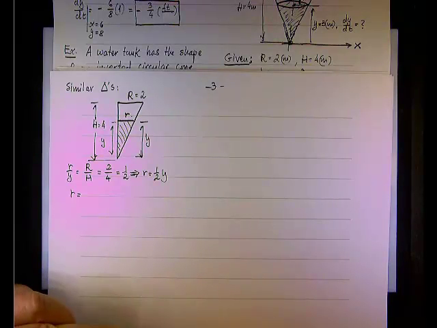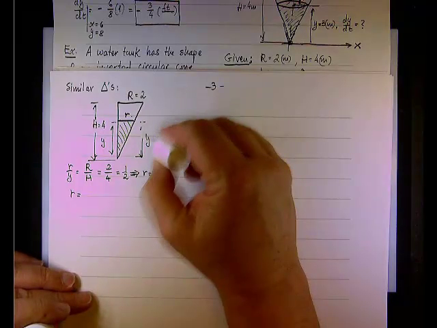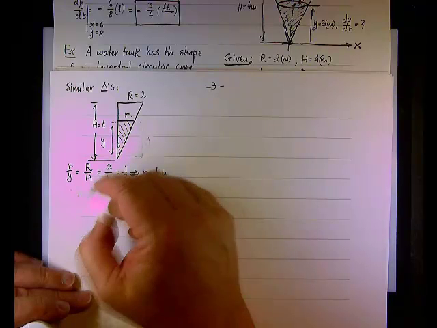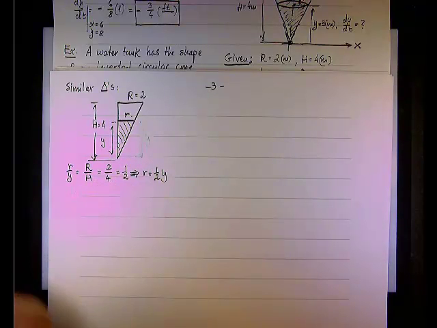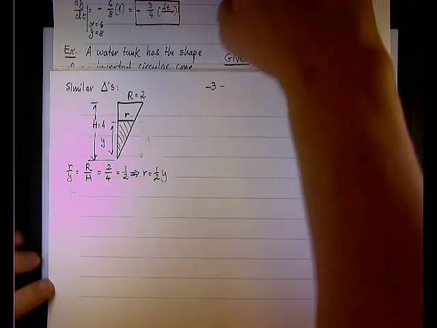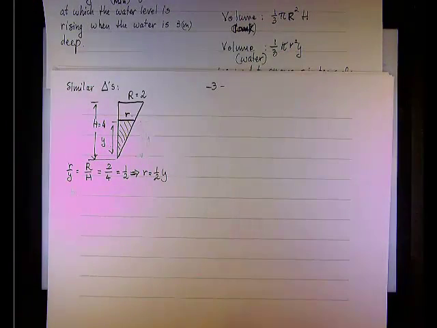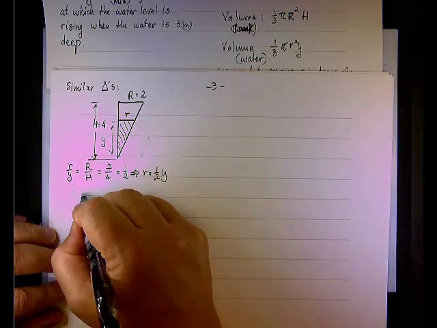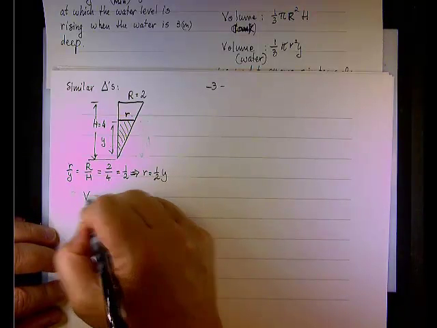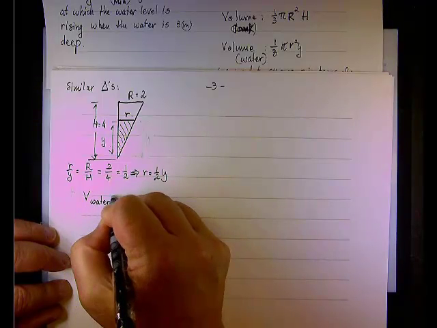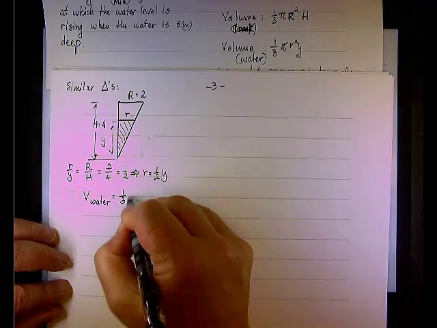Now I can express the volume of the water in terms of y only. Going back to the volume equation, we have the volume of the water equals one-third pi.